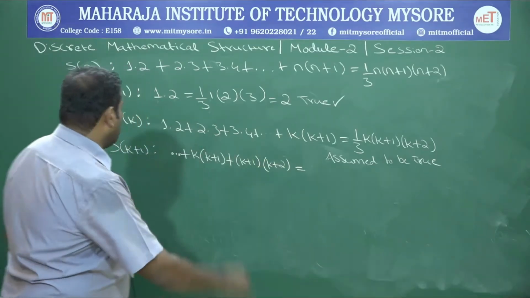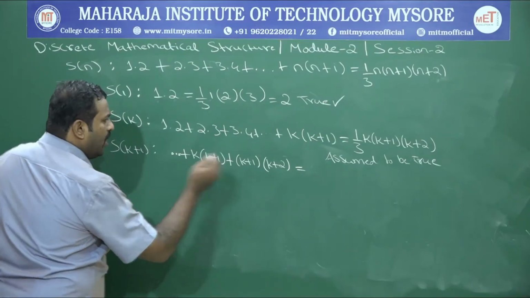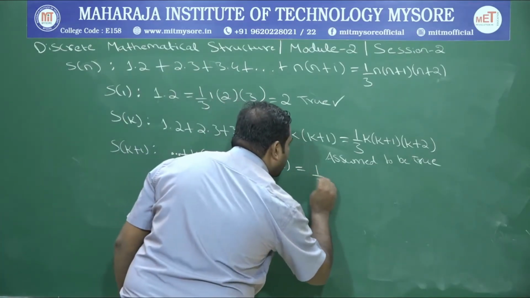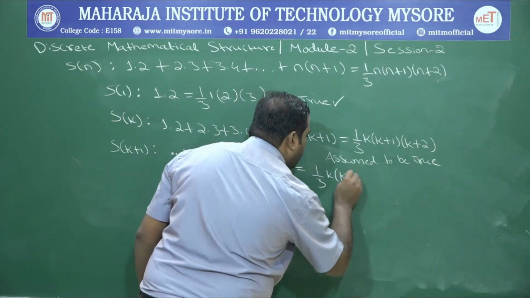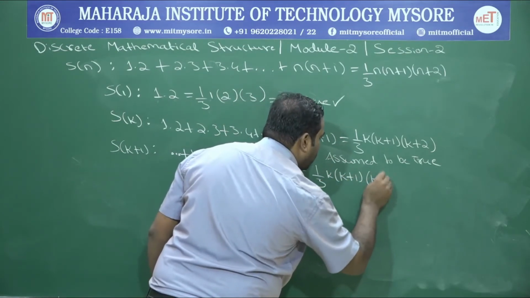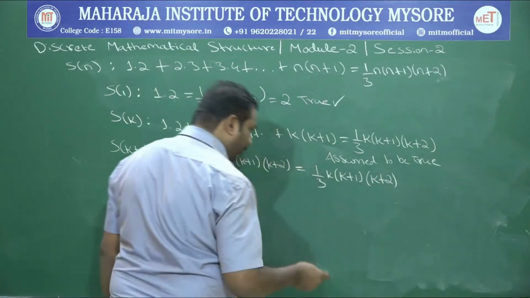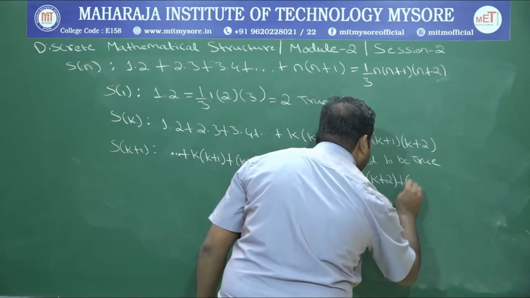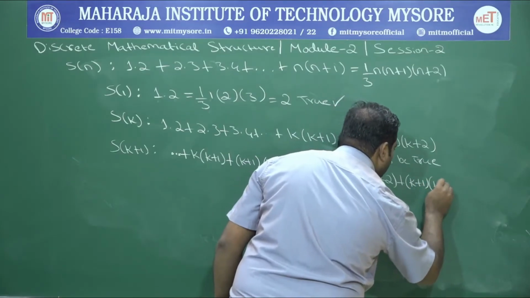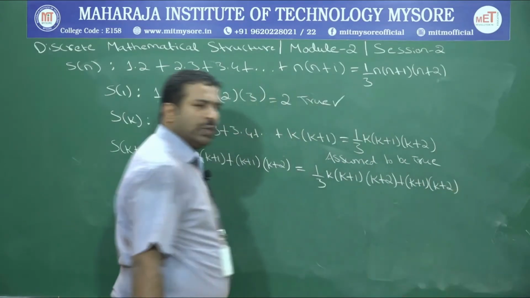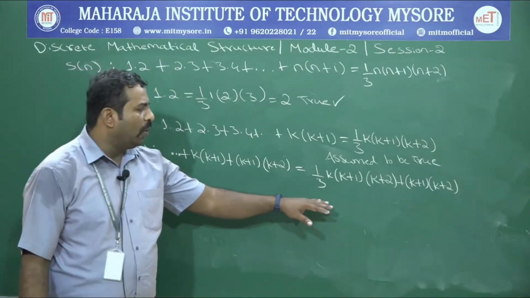Hence, I am just going to consider that statement over here. So 1 by 3 k of k plus 1, k plus 2, and so plus k plus 1 into k plus 2. Now this is the statement I am going to make.